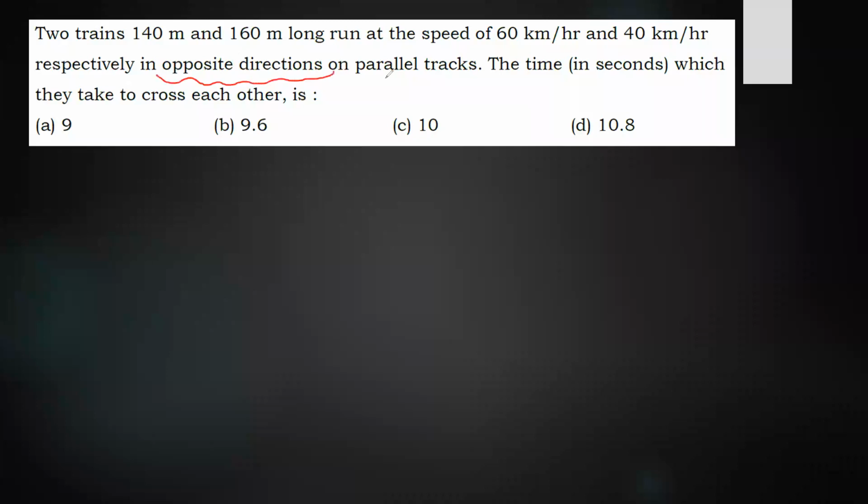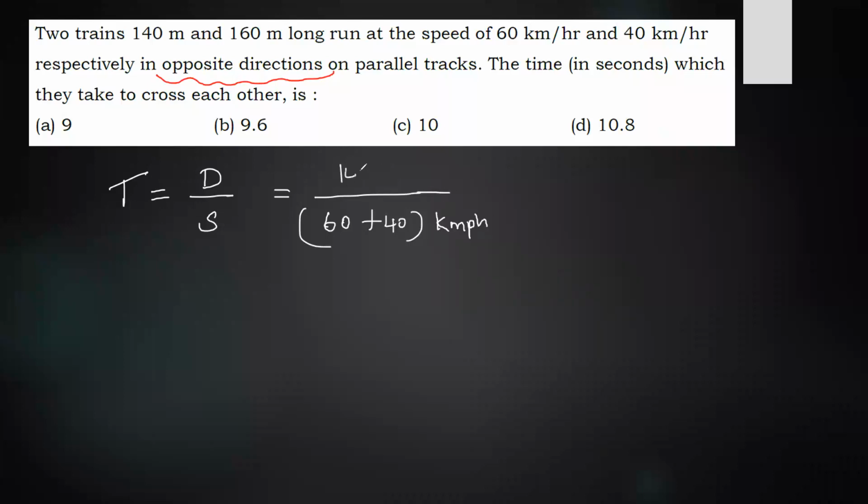The next question. We have two trains. They gave the two trains' lengths, and speeds are also given. Then the question is time. They are running again in opposite direction, on parallel tracks. Direction is important, right? Time formula is distance by speed.